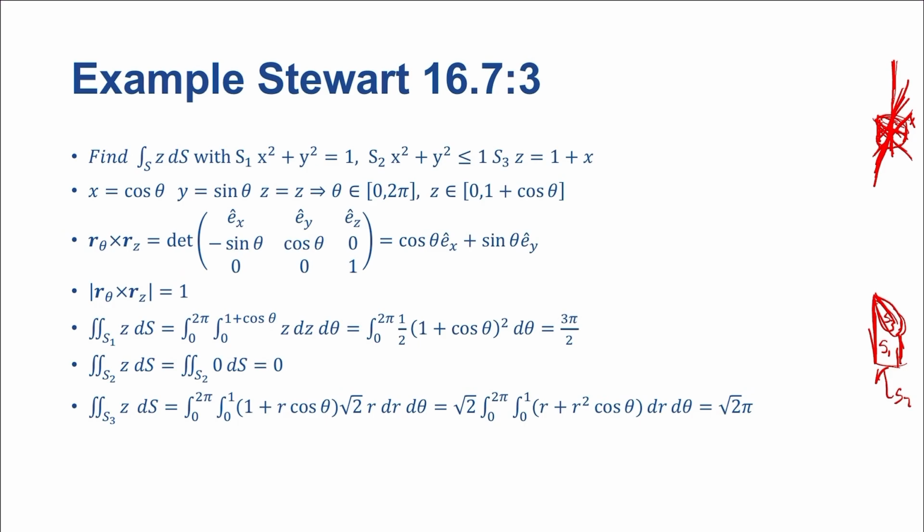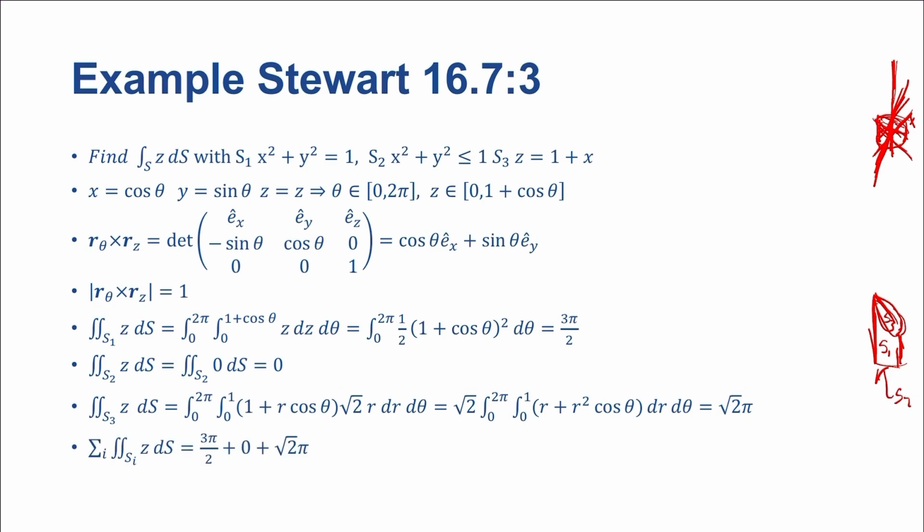Then we have that square root of 2 from the partial derivatives in the arc length formula. You get square root 2 r d r d theta, because we're using polar coordinates, we plug in that extra r. So you get the square root of 2 times the integral from 0 to 2 pi, integral from 0 to 1, of r plus r squared cosine theta, dr d theta. And then this becomes 2 times the square root of 2 times pi.